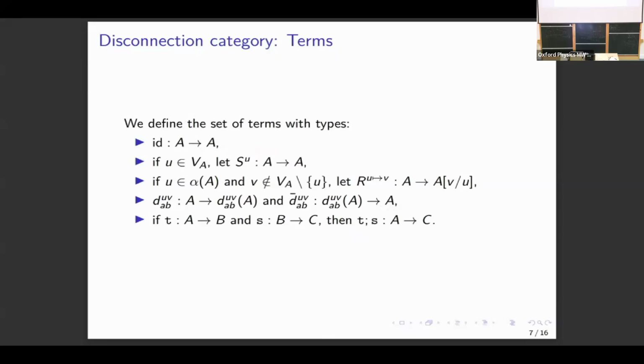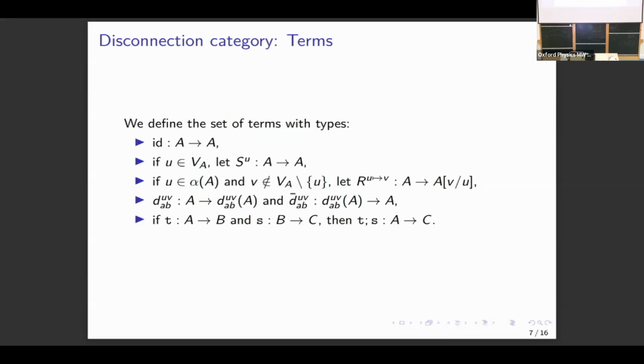So for every disconnection rule, we have a term and a term going in the opposite direction. So the idea is that this one undoes the damage that this has done. So it's not really an inverse, and it's not an inverse precisely because we are going to interpret them as reactions.